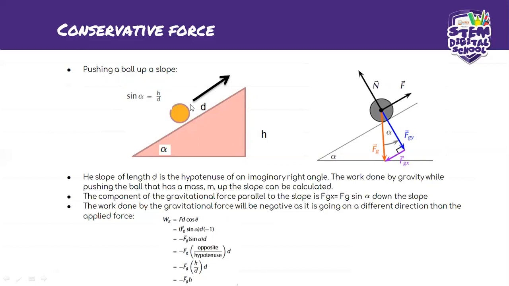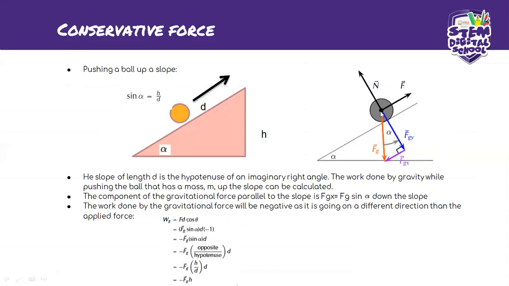So this is what will happen if they talk about pushing a ball up a slope. This is basically the imaginary triangle that we'll have. Okay, so the component of the gravitational force parallel to the slope is FGX and FG. So if you check here, this is our ball, this is the normal force, and this is the applied force.